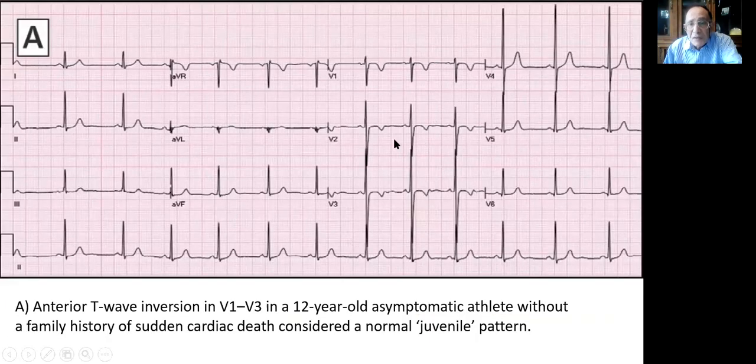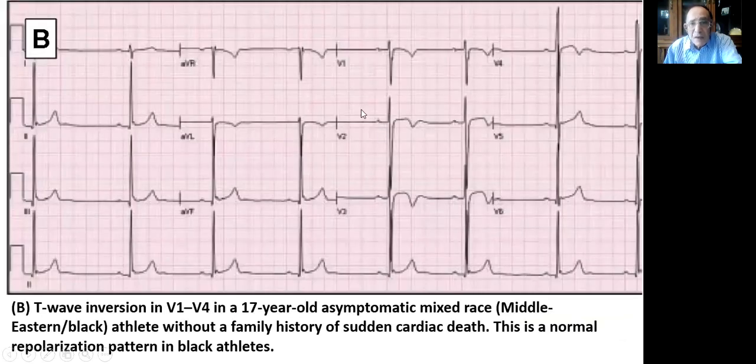Here, inverted T in V2, V3, and V1 in young athlete, 12 years, this is completely acceptable as within normal. Here, there is T inversion in V1, V2, V3 with some J point elevation. This is early repolarization.